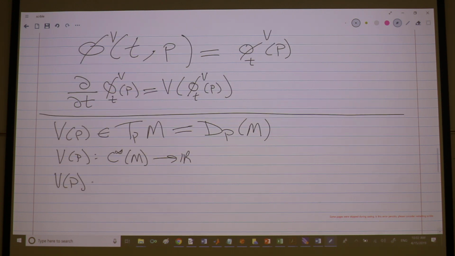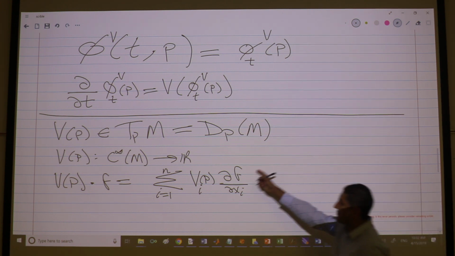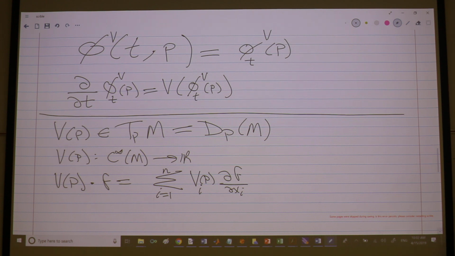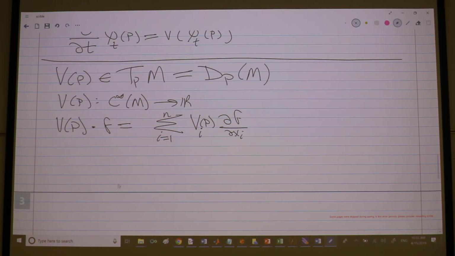V at P acting on f is the summation i equals 1 to n of V^i at P, it has n coordinates, times partial f partial x^i. This is the directional derivative of f along V, the convective derivative that we talked about last time. And you had it in the homework.